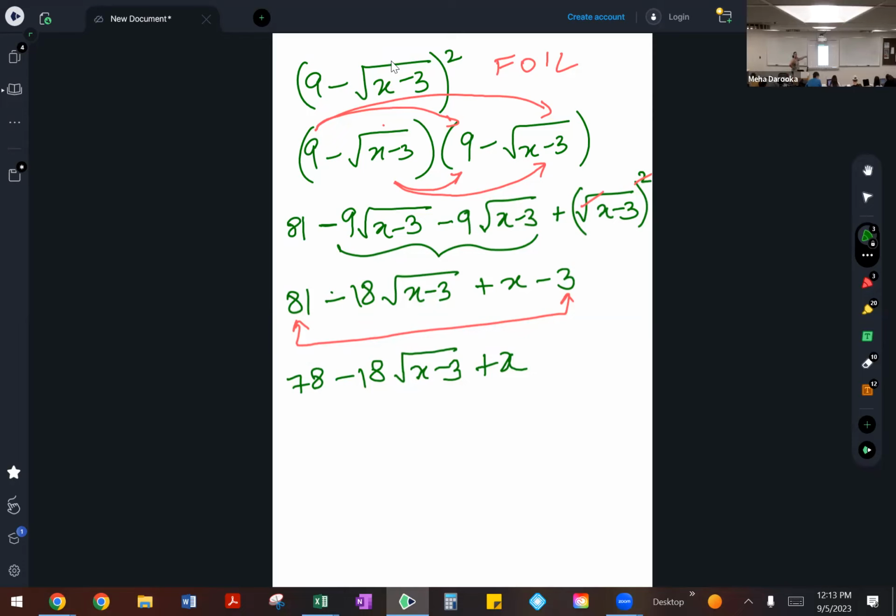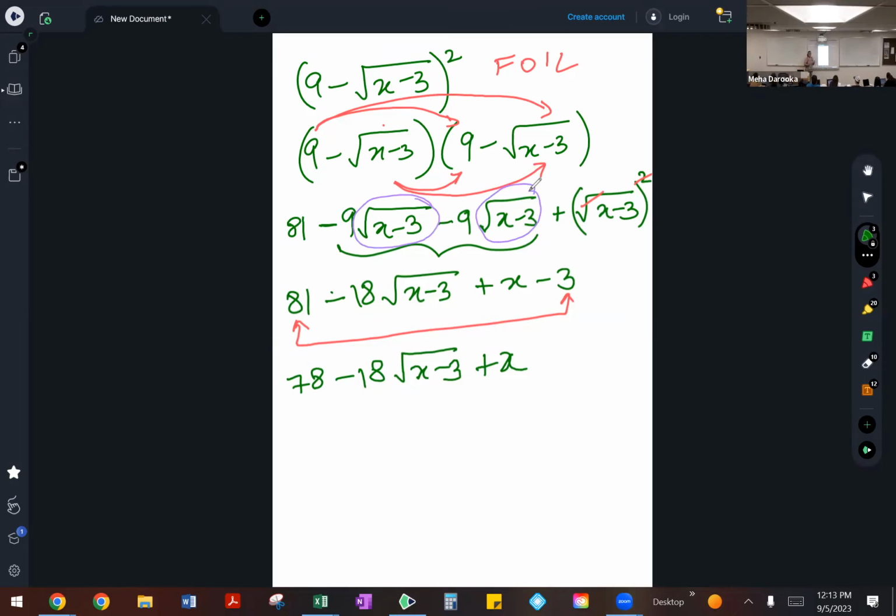The last term? Because you're multiplying the same exact term, what's happening is the x minus 3 in the square root is basically acting like a variable right now.